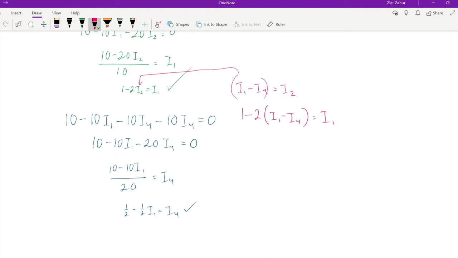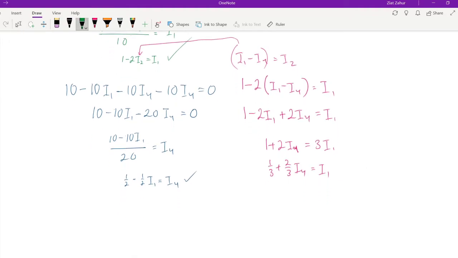Okay, let's go and simplify this. So we get 1 minus 2 I1 plus 2 I4 equals I1. Alright, let's go and isolate I1. So add 2 I1s to both sides. This gives us 1 plus 2 I4 is equal to 3 I1. Go and divide, and then finally we have 1/3 plus 2/3 I4 equals I1.